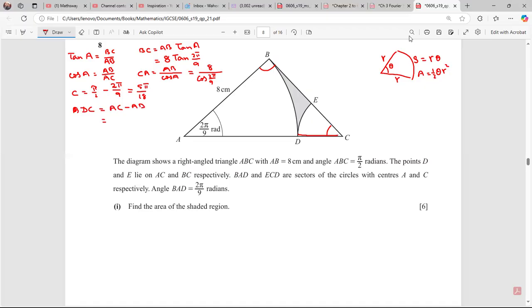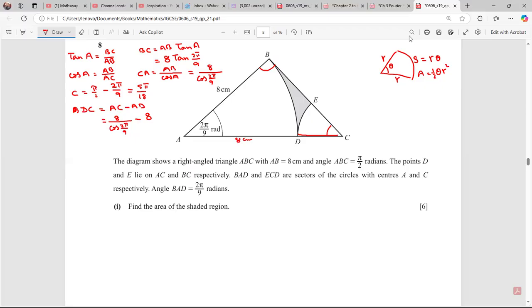Now AC we already found is 8 over cosine of 2 pi by 9, minus AD, and AD is already 8 because AD is same as AB, which is same as radius.